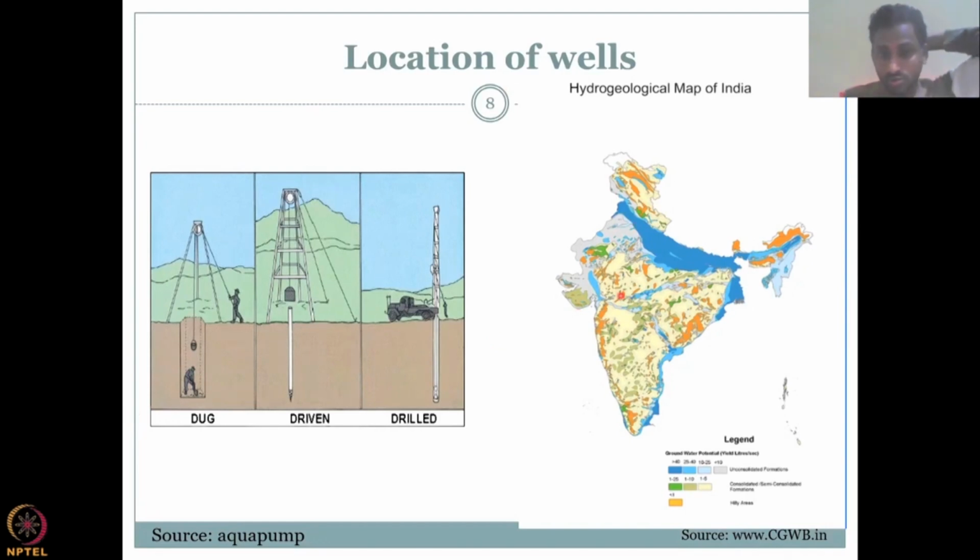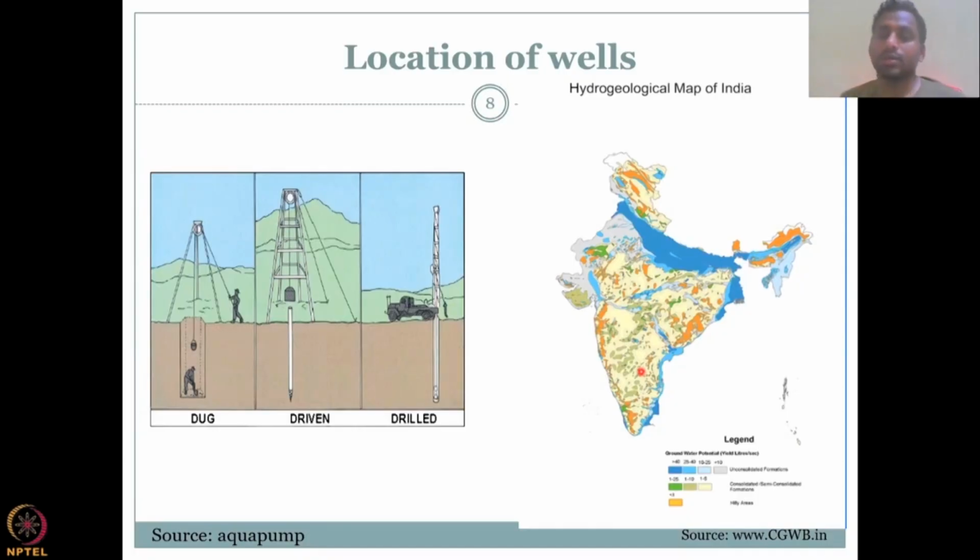So along these blue areas, and in most Indian regions with shallow aquifers, where shallow is enough, they would use dug wells. The driven wells are used across India. However, there's not much difference between the driven and drilled if you can afford the bore logger.